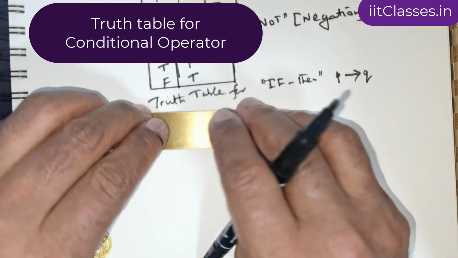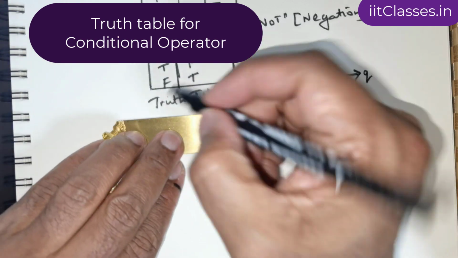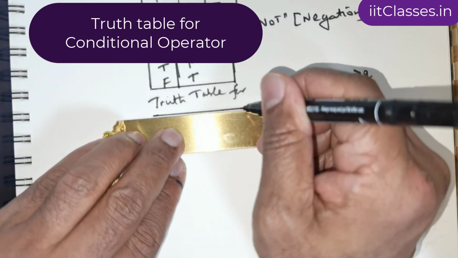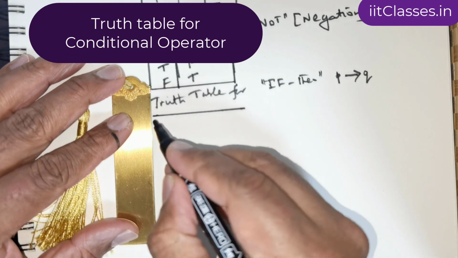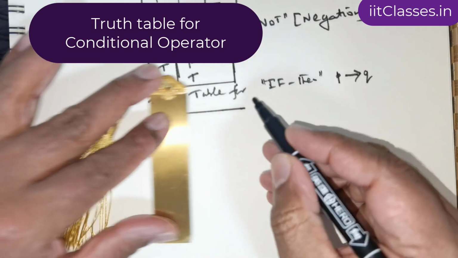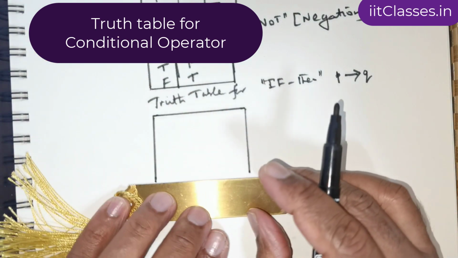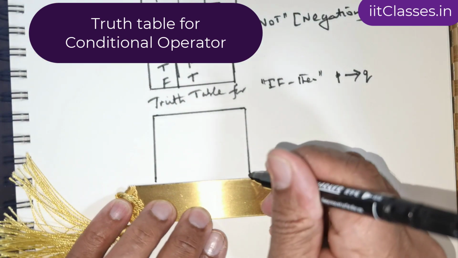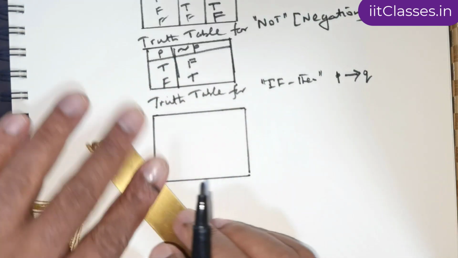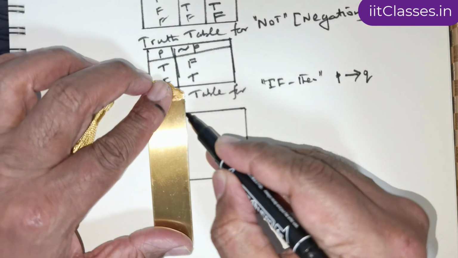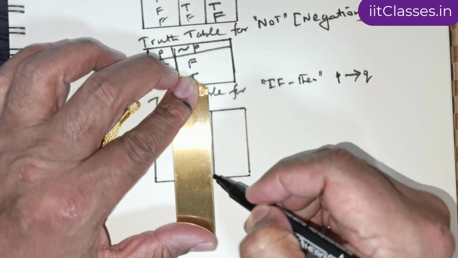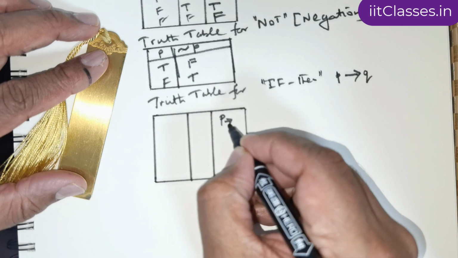Let me give you a tip for that. Let me design the table. We got P and Q, and this is P conditional Q.